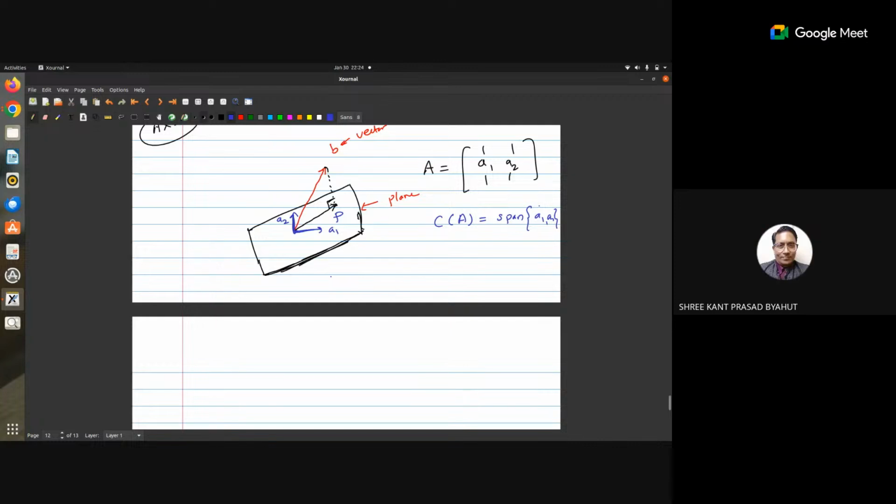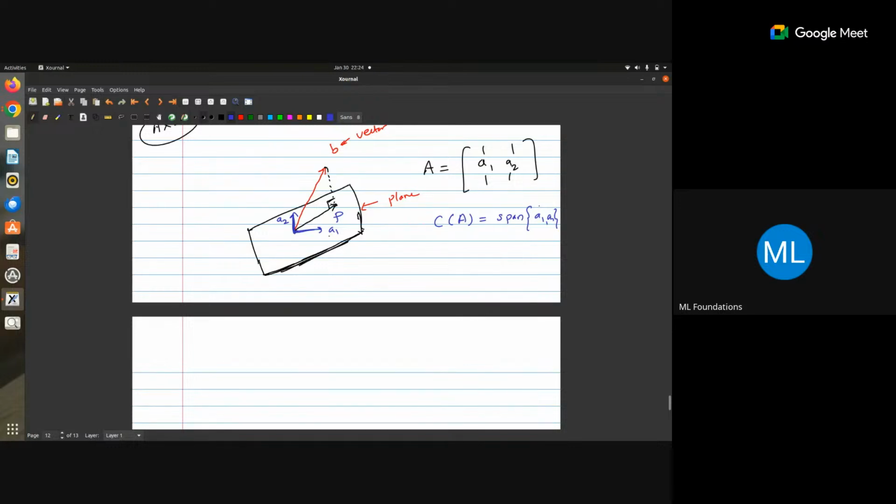When I say that vector B is perpendicular to the plane formed by the column space of A, that is the meaning that it is perpendicular to both of them, right? I hope there is no issue in that.